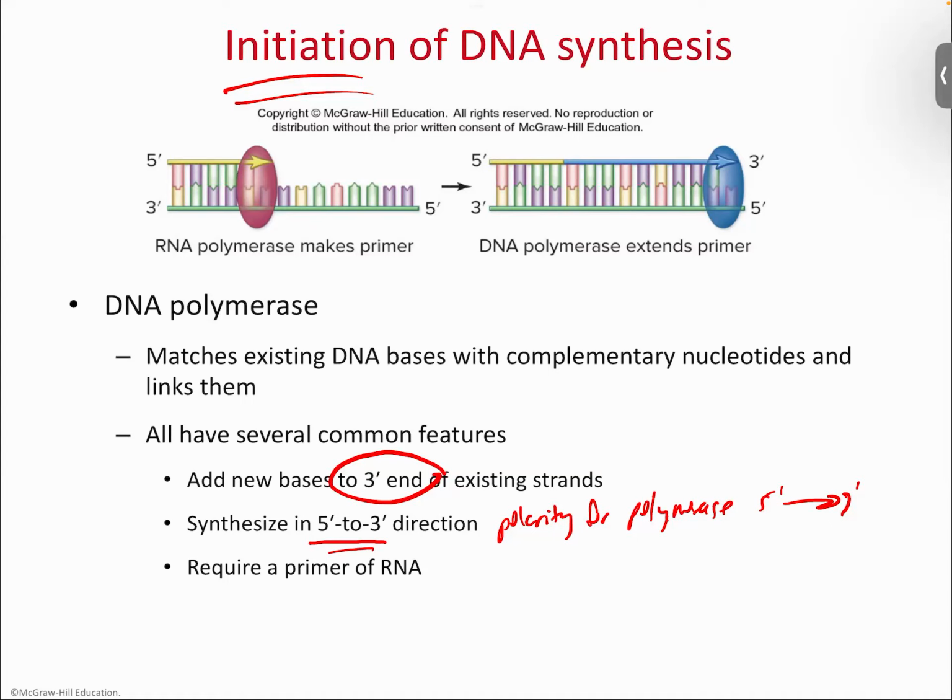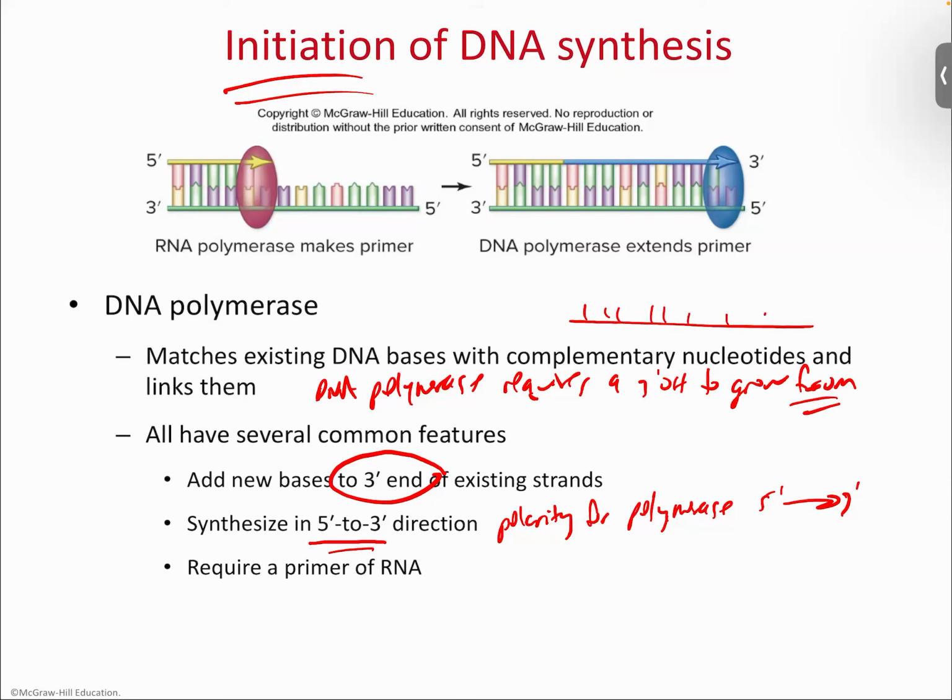So what this basically means is the DNA polymerase requires a 3' OH to grow from. But here's the problem. If I just take this piece of DNA and I just open it up like this as a template, is there a 3' OH for this thing to grab onto?